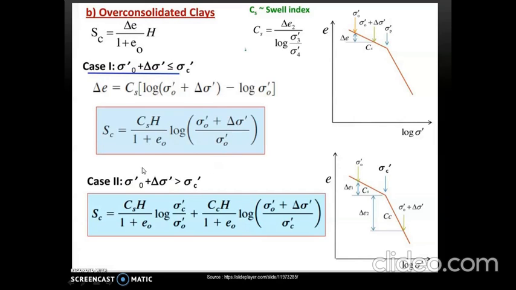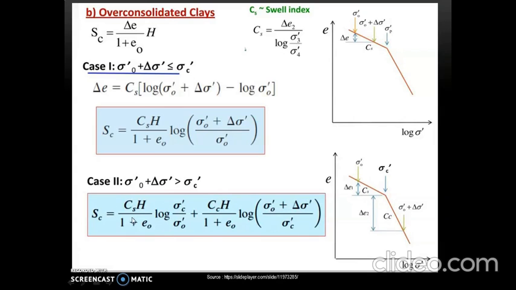And in the second case, when final effective stress is greater than pre-consolidation stress sigma c dash, we have the equation in terms of swell index and also in terms of compression index. Cs is the slope of the recompression curve and Cc is the slope of the virgin compression line.